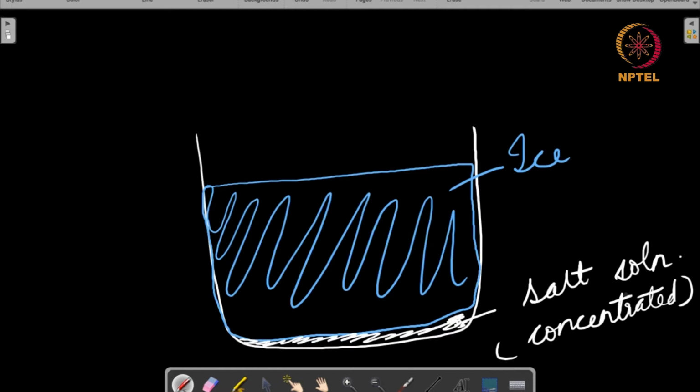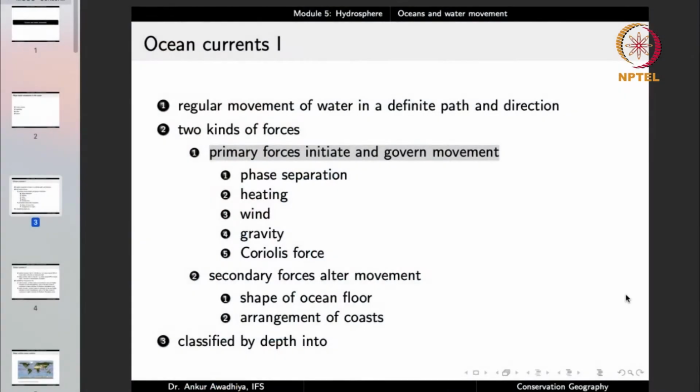So when we talk about phase separation, it is the separation of both the phases, the solute and the solvent. And it occurs when the solution is put up for freezing. It also happens in a number of other circumstances, say when crystals are being formed. But for the context of hydrology, we are more or less interested in the phase separation that happens in the case of salty water when it is being frozen.